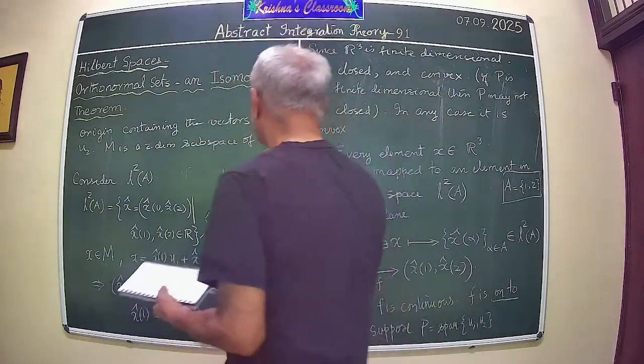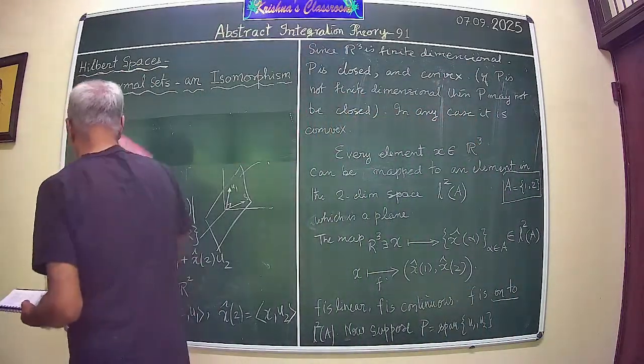Suppose this is the span of U1, U2. This is two-dimensional.